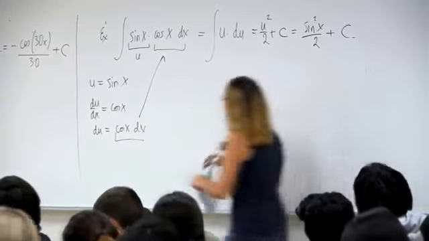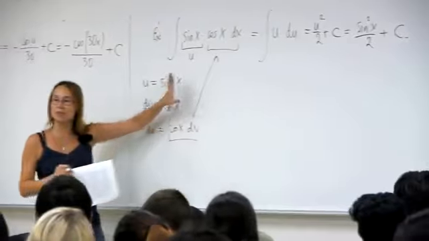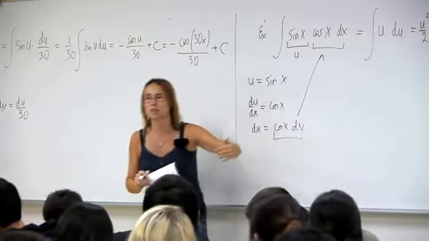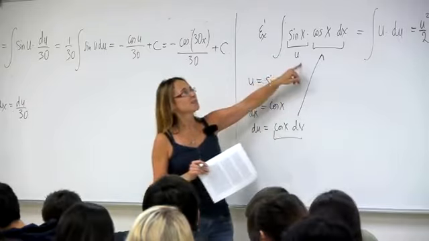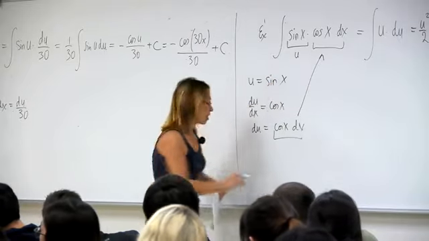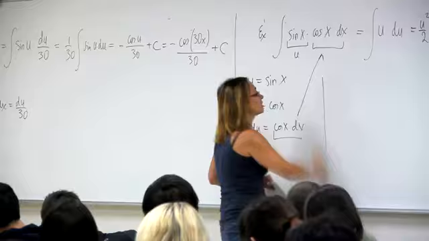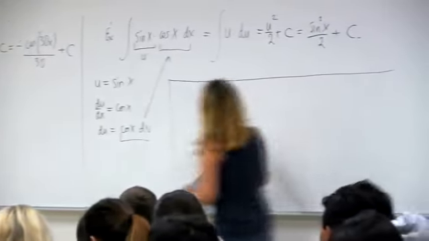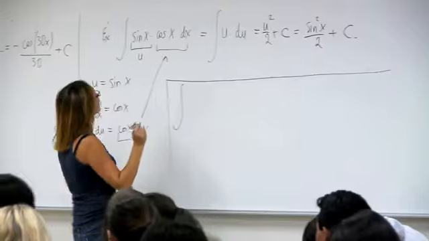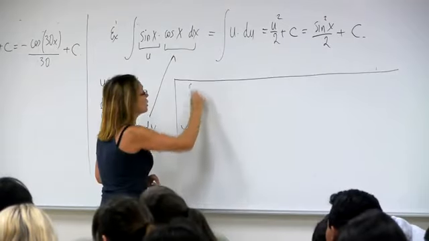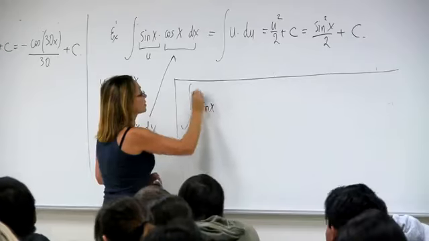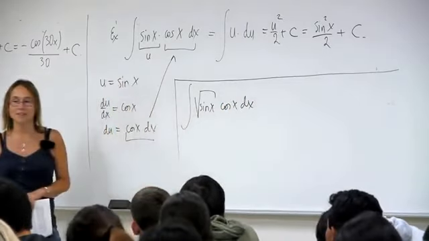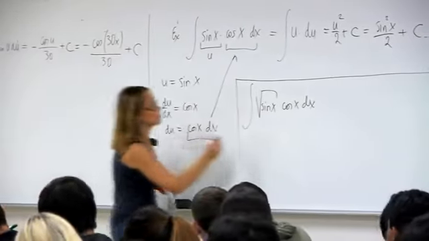The confusing bit about this one is that I don't necessarily have a function of a function. I just have sine x. But the next example will show you that very similarly, I can do something else. For instance, we can look at the square root of sine x times cos x dx. Okay. I use the same substitution.